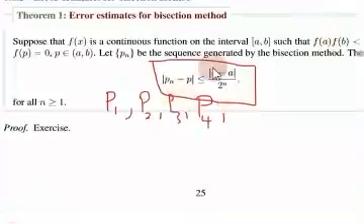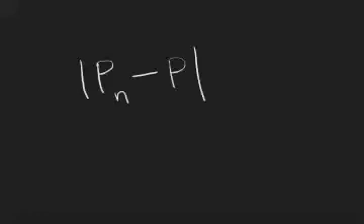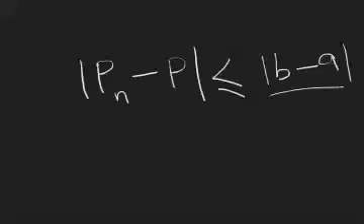Alright, let's use this inequality. Let me take my blackboard. The difference between any midpoint in the sequence and the exact root of the function is less than or equal to the length of our interval divided by 2 to the power n.